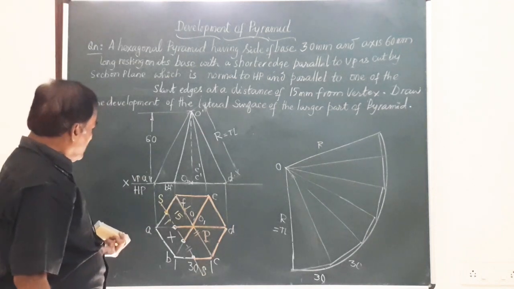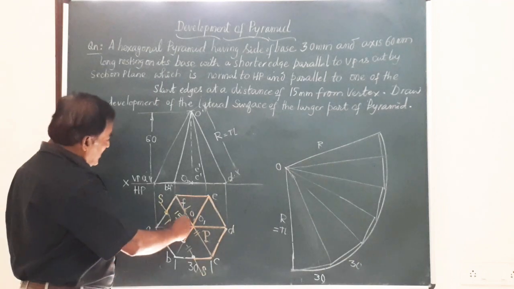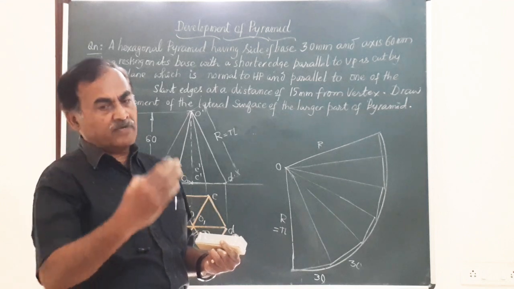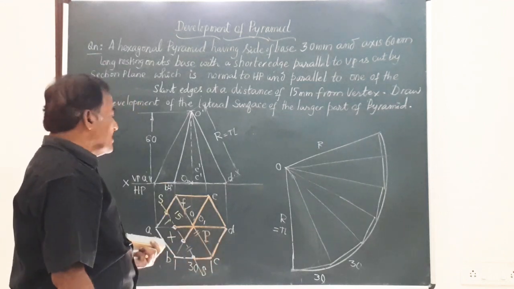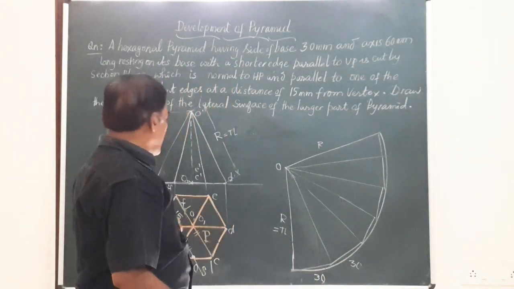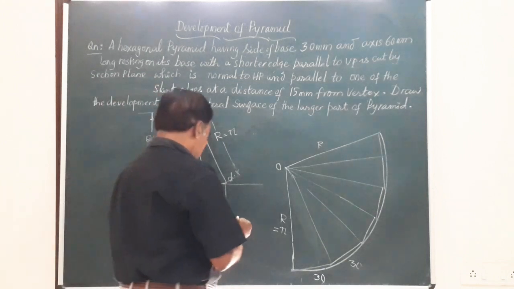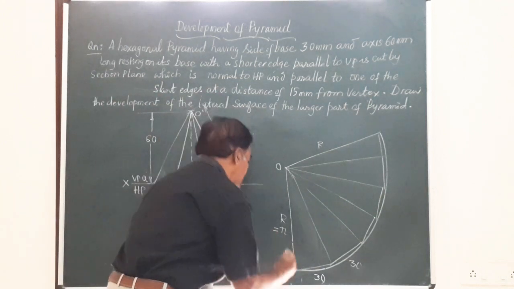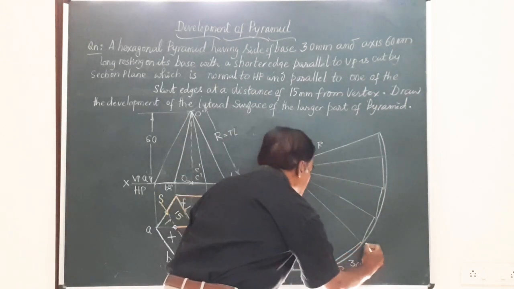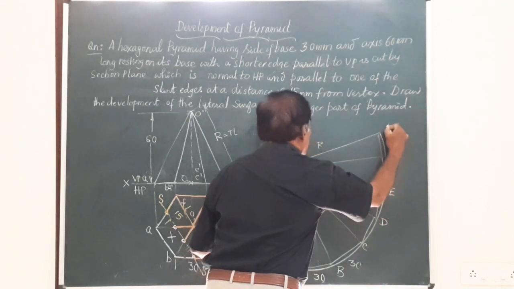If you observe the portion that is retained, none of the slant edges of the pyramid are totally removed when the section plane cuts the solid, and hence we can start the development from the edge OA or OB or OC, whatever it may be. So let me start with A. So this is A, B, this AB is 30, C, D, E, F and A.